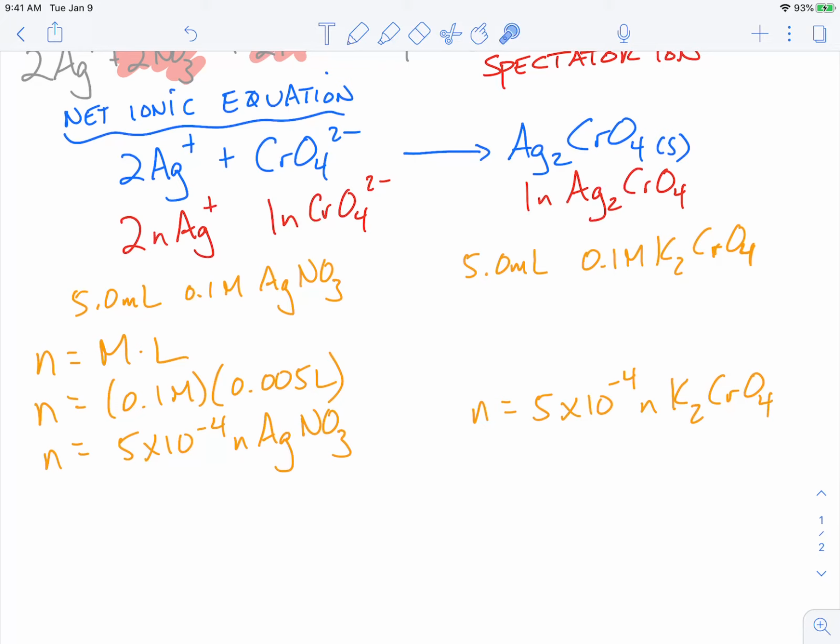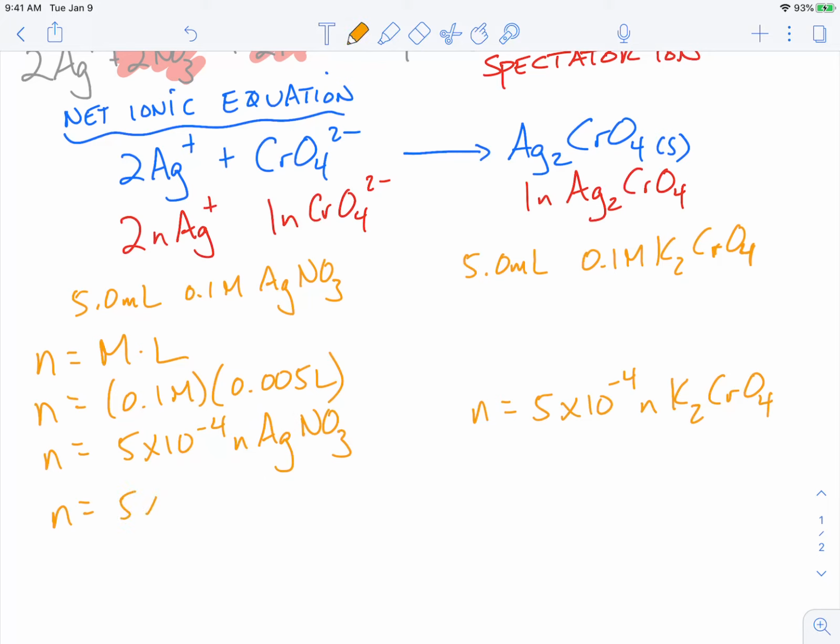Now, to relate this back to our net ionic equation, we're not necessarily thinking about moles of silver nitrate, just moles of silver. And also, we're thinking about moles of the chromate ion instead of moles of the potassium chromate. So looking at the mole ratio, for every 1 mole of silver nitrate, you have 1 mole of silver ions.